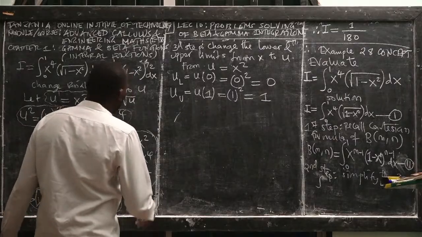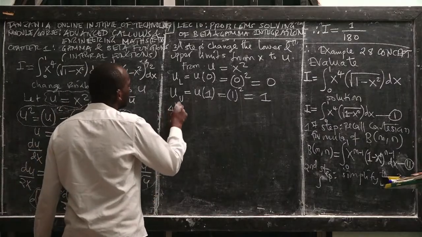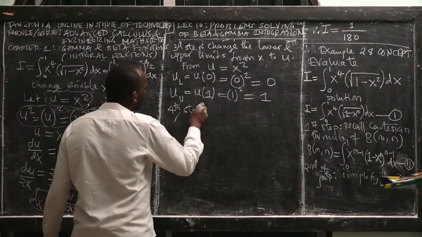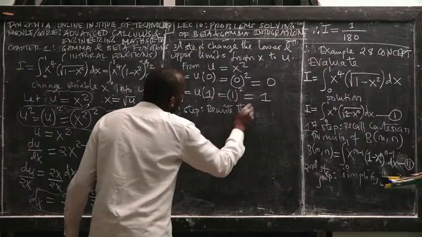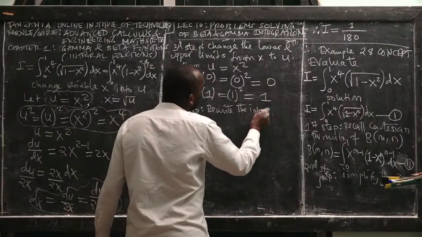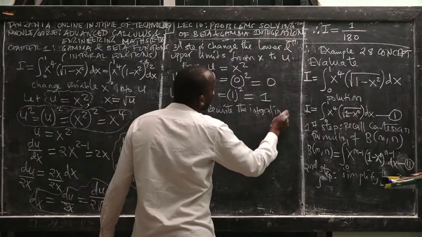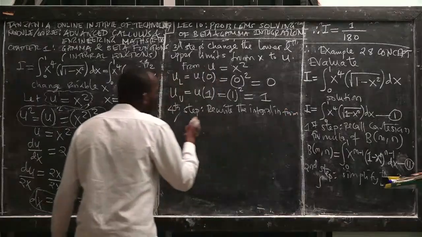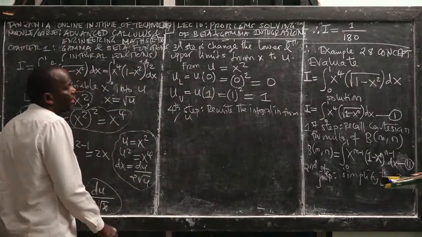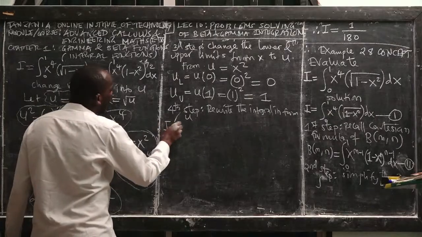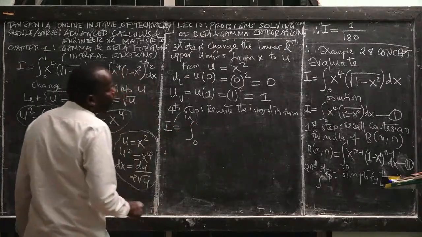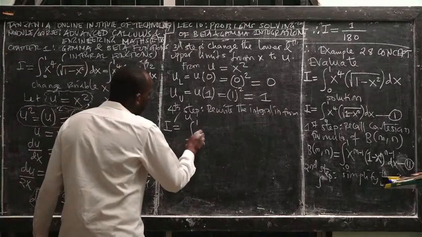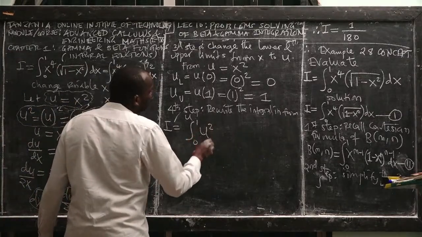So fourth step, we write the integral in form of u. How do we write the integral? So you have I, lower limit is 0, upper limit is 1, x power 4, we say this will be u square.